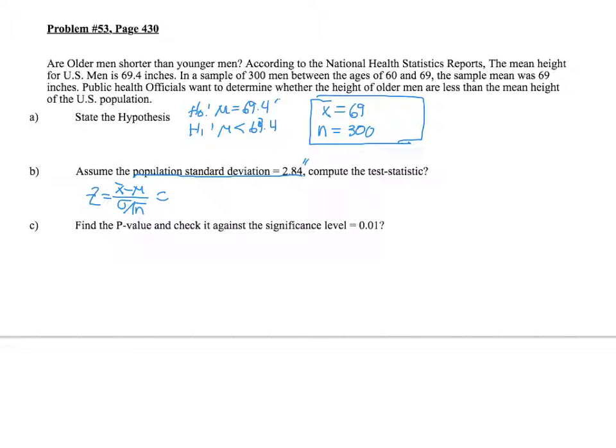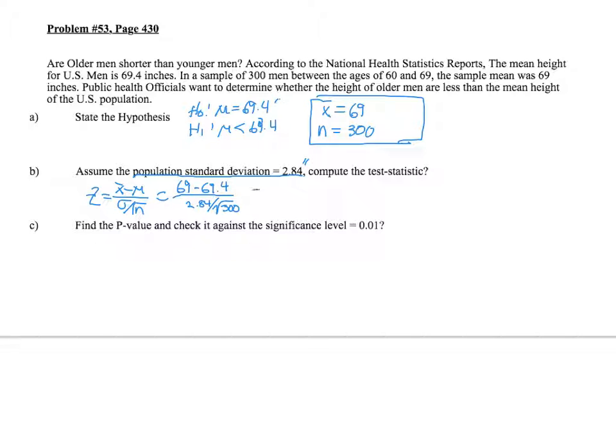And so we'll put the values into the equation. 69 minus 69.4 divided by 2.84 divided by the square root of 300.